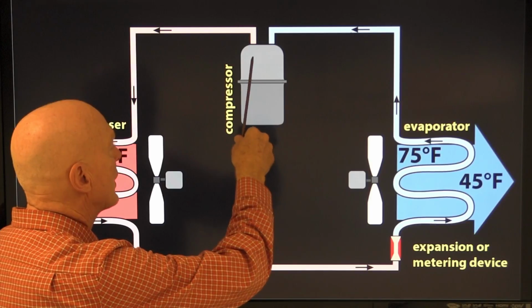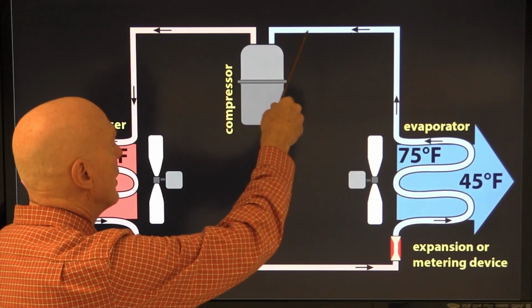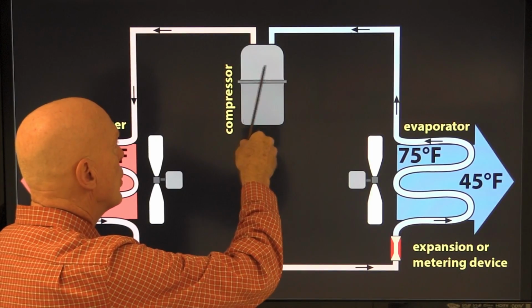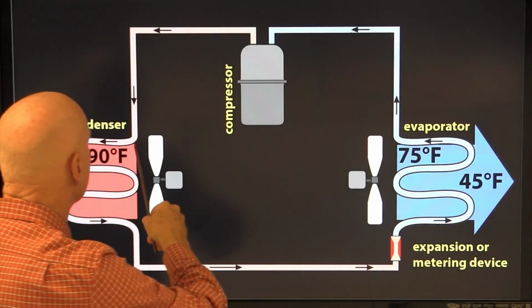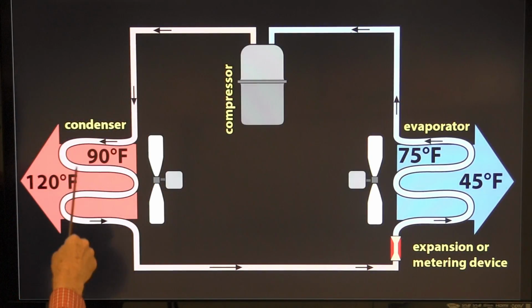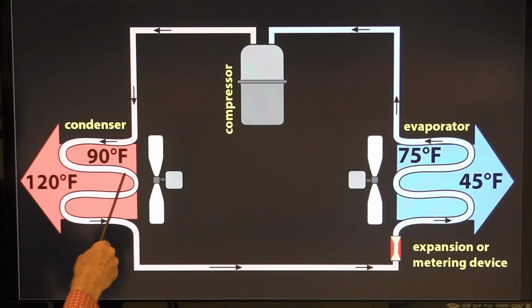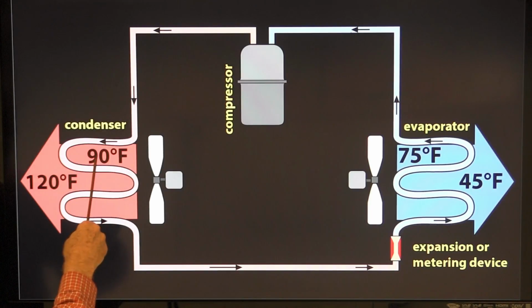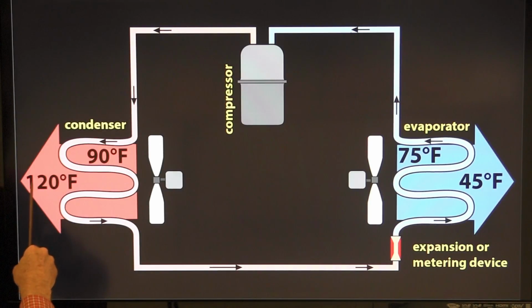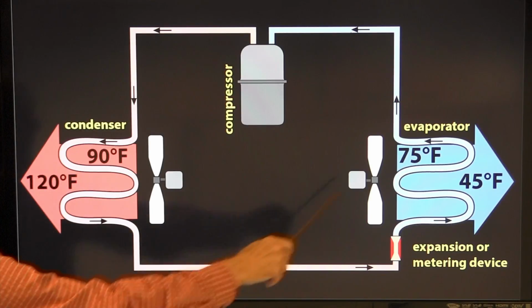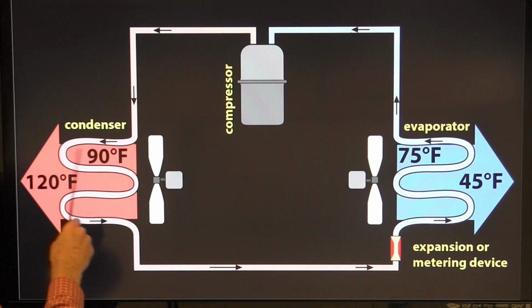It's driven by the compressor. The compressor compresses the cool gas into a warm gas. It goes over into the condenser. It condenses, releasing its heat. The outdoor air enters at 90. It exits at 120. The heat that was collected over here is moved into the outdoor environment.